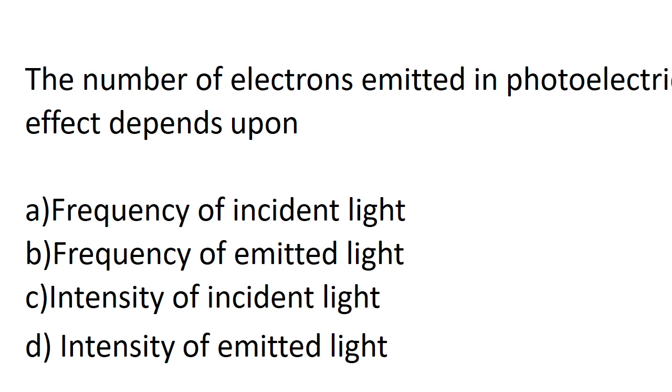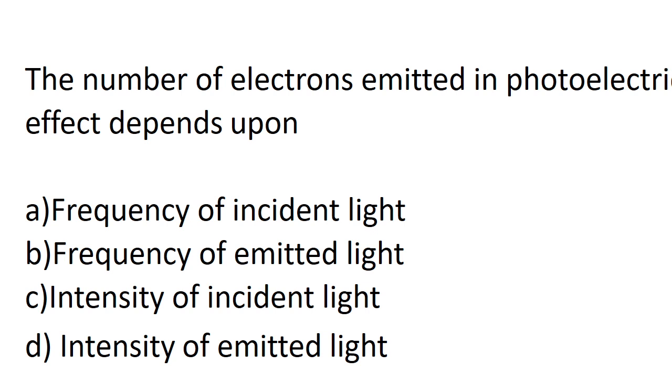Now, the ejection of electron requires sufficient energy to remove electron from the metal surface. But once the incident light has a frequency which is equal to or greater than the threshold frequency, then electrons are going to be ejected from the surface.